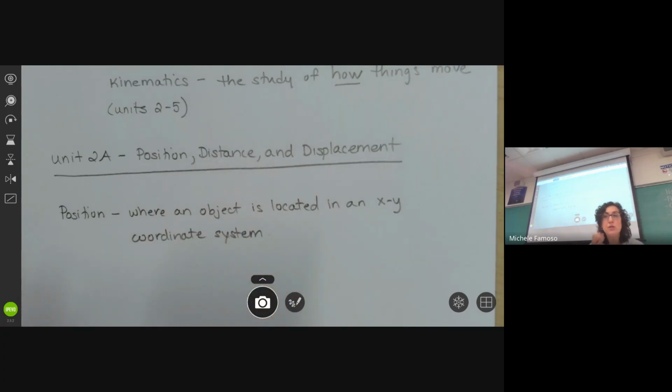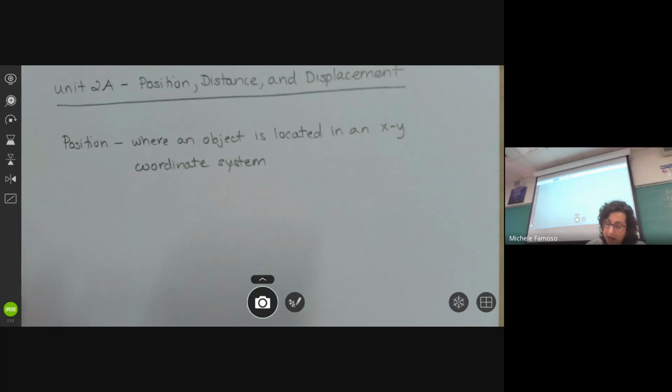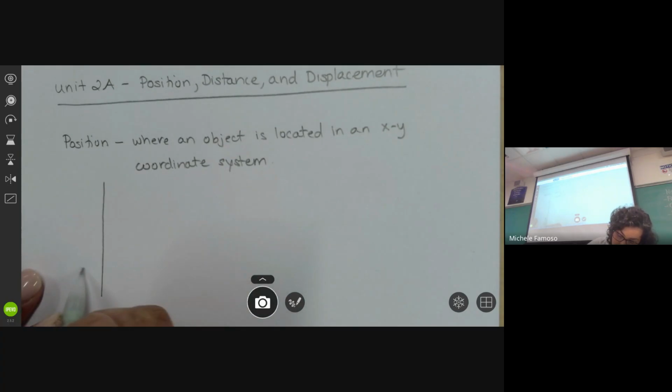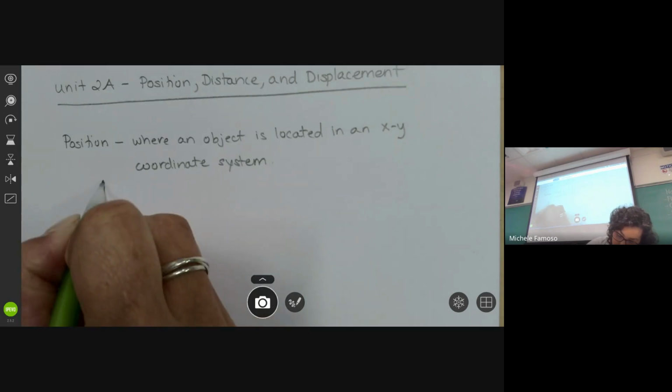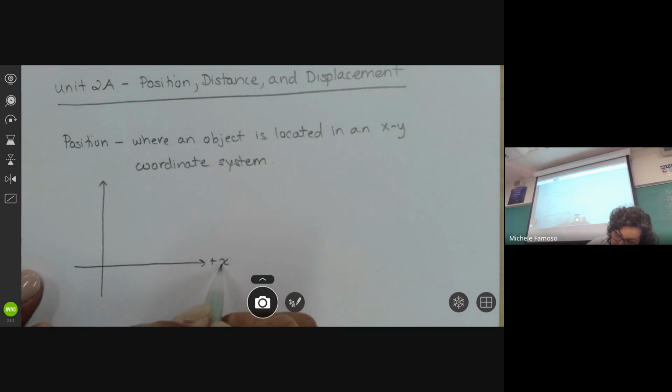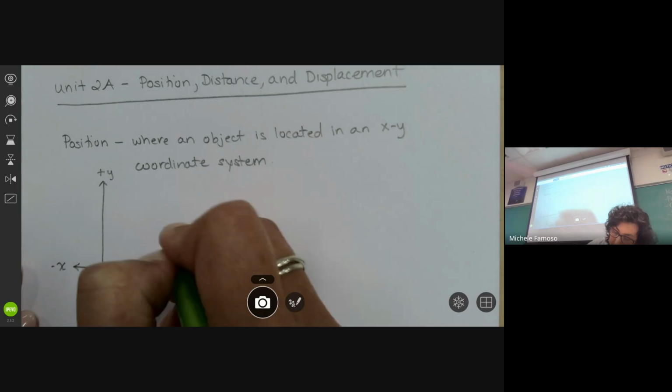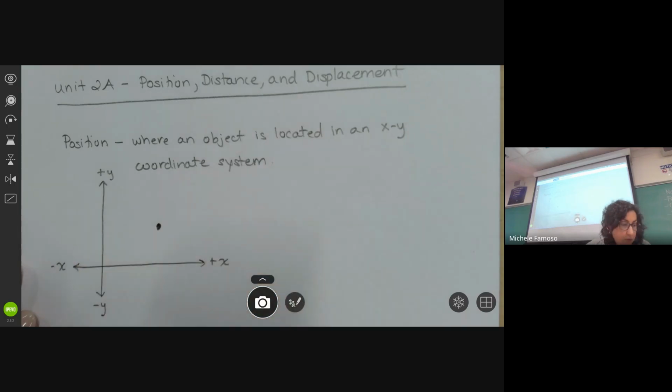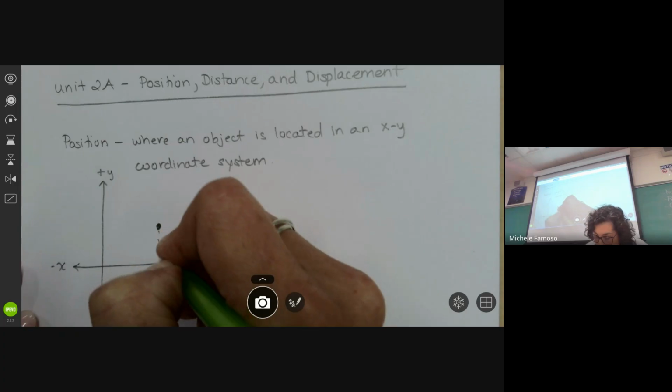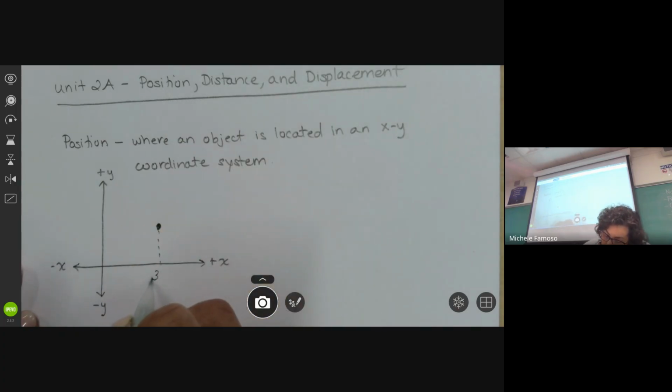So I should be able to make a sampling of an XY coordinate system, where that is the positive X, that is the positive Y, that is the negative X-axis, this is the negative Y-axis. If I had an object located right there, and let's say this was at a position of 3 meters on the positive X, and the Y coordinate, it went up 3 meters as well.